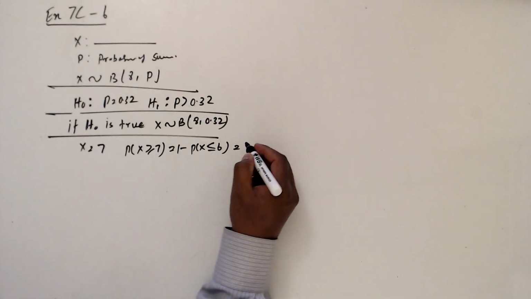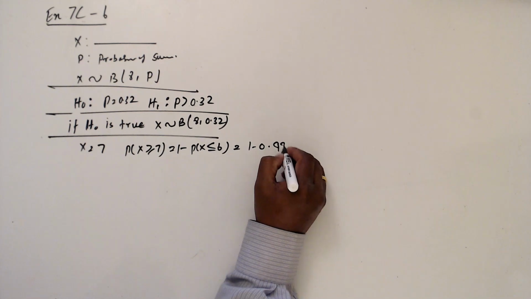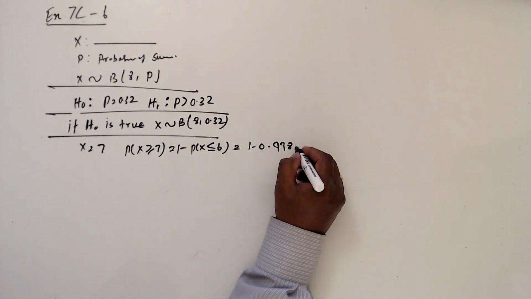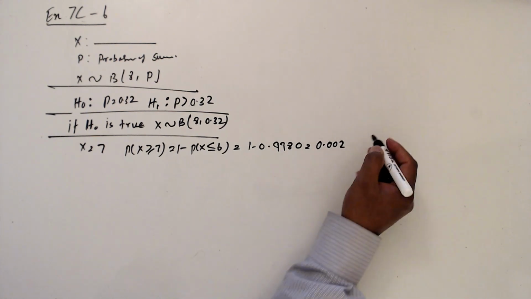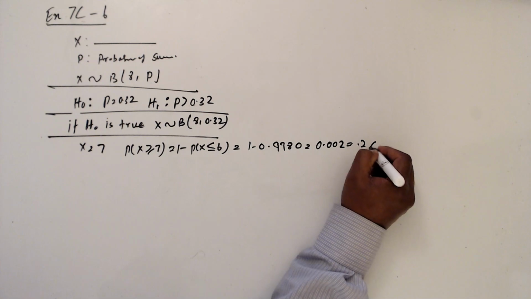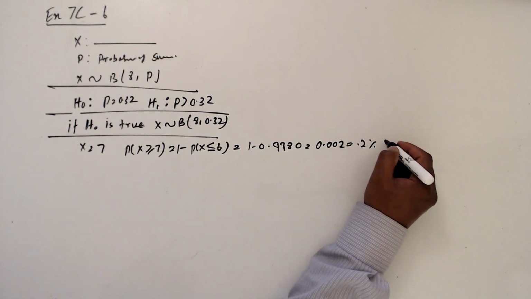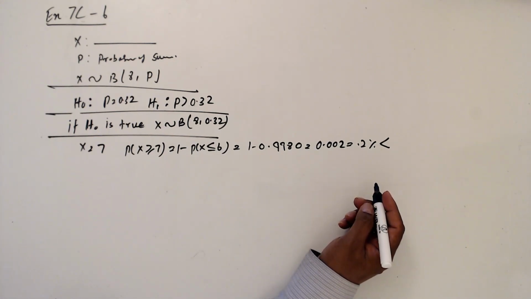So this is going to be 1 minus 0.9980, that is 0.002, which is 0.2%, that is less than the given threshold of 5%.